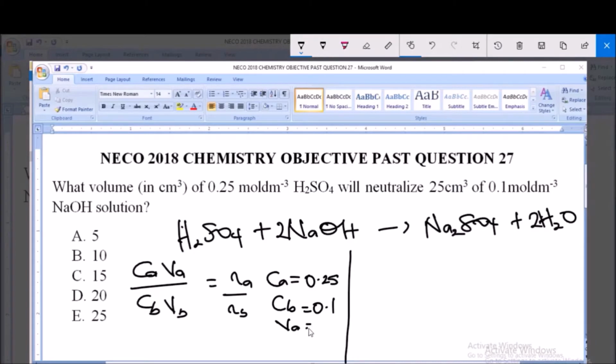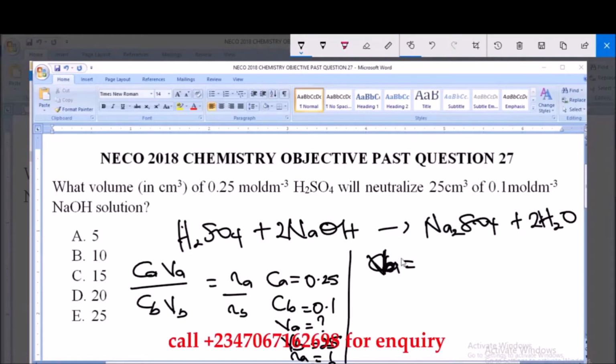Va, which is the volume of the acid, we don't know. Vb, the volume of the base, is 25 centimeter cube. Then Na, which is the mole of the acid, is 1, and Nb, which is the mole of the base, is 2. We're looking for the volume of the acid, which is Va.